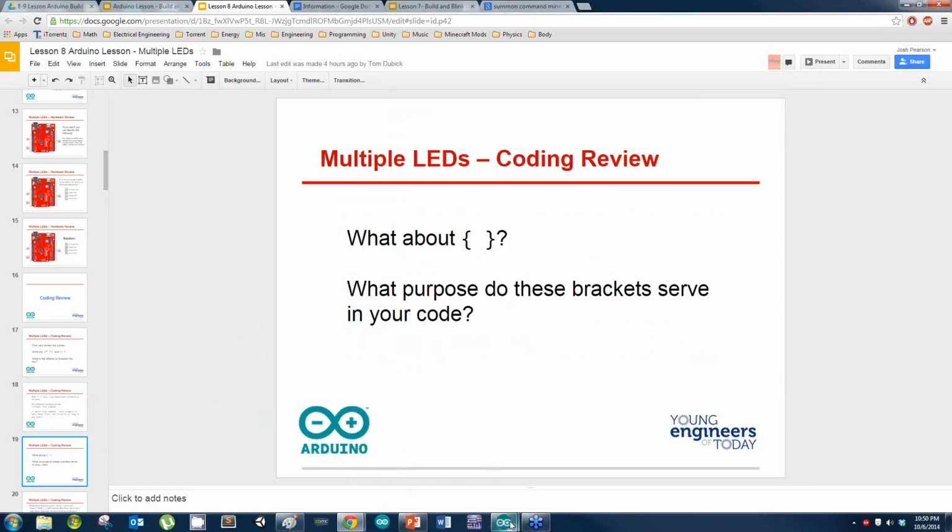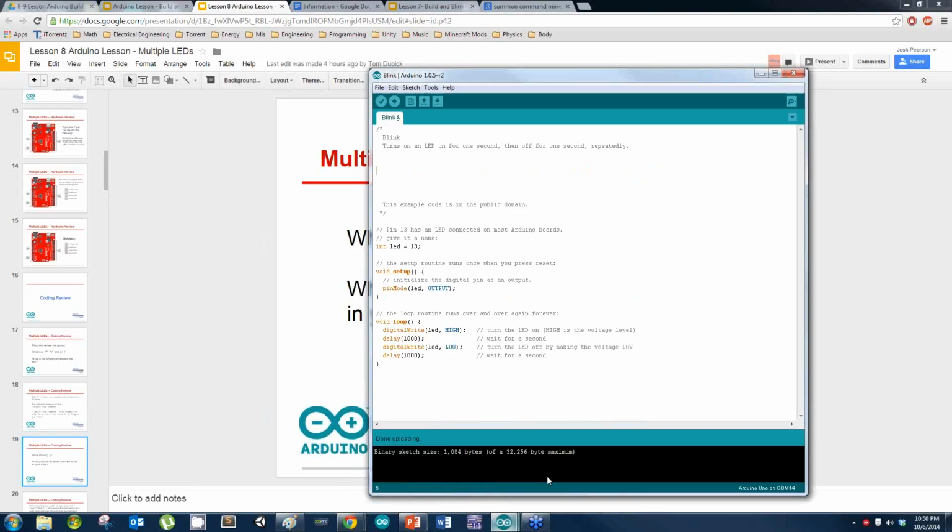These curly brackets or braces, this is what keeps your code in order. So here's a curly brace, and here's a curly brace. Notice how for every open one, there is a closed one as well. And the same thing goes with parentheses.